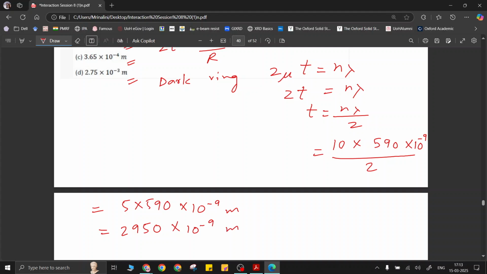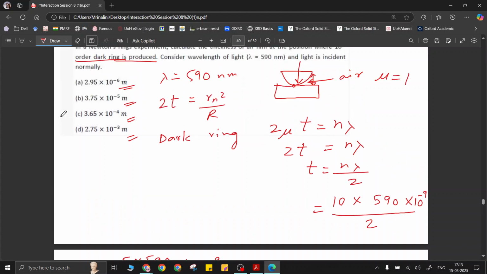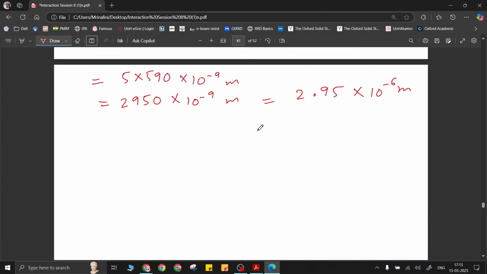Since the answers are in decimal, we'll take 2, 3. This will be 2.95 times 10 to the power minus 6 meters, because we are only moving it by 3 decimal digit. And our answer that matches is 2.95 times 10 to the power minus 6 meters. This is the correct answer.